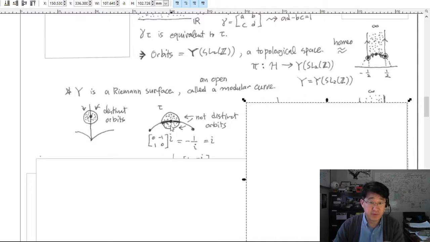It's because of this particular SL2Z element, 0, -1, and 1 and 0. After applying the action, this corresponds to -1 over tau. Here tau is i. We're doing that to this one in there. It turns out that this particular SL2Z element fixes i in there.